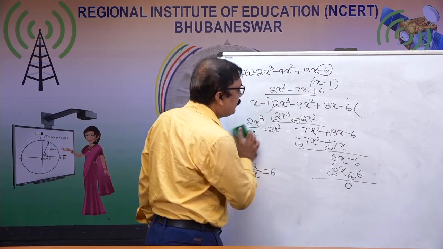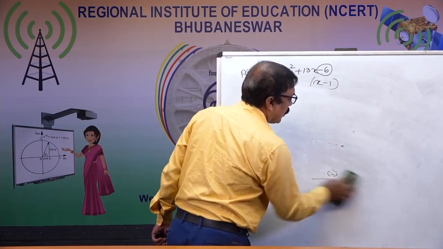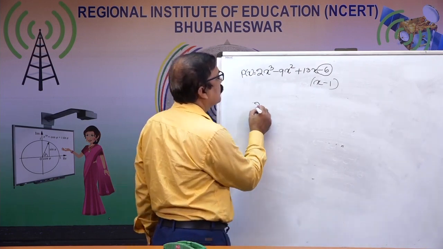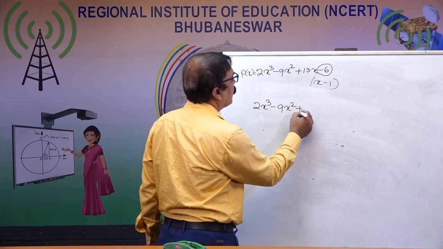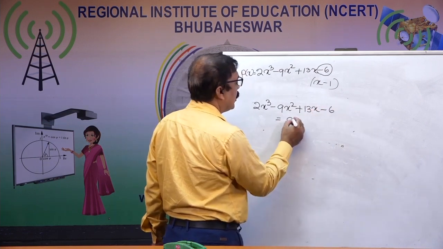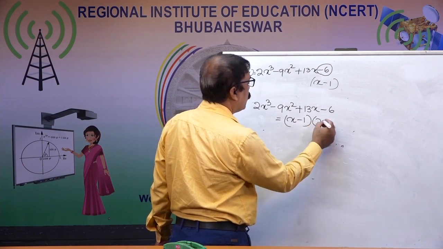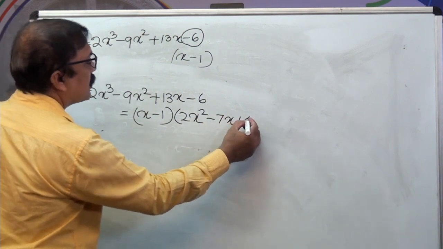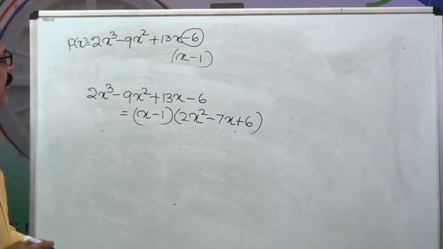So we can write 2x³ − 9x² + 13x − 6 is equal to (x − 1)(2x² − 7x + 6). We can write like this.